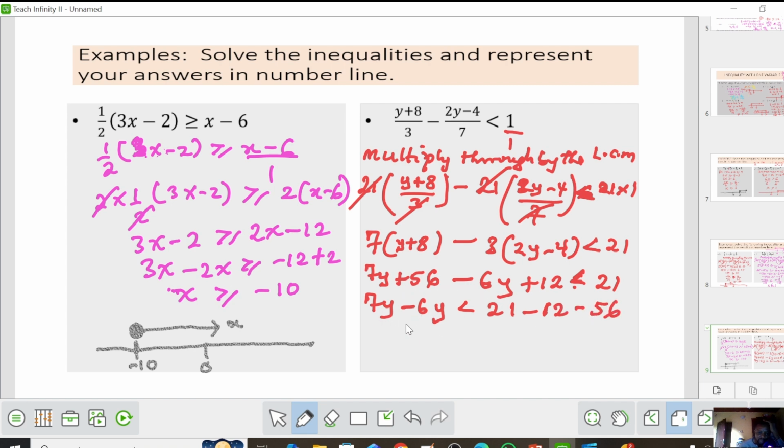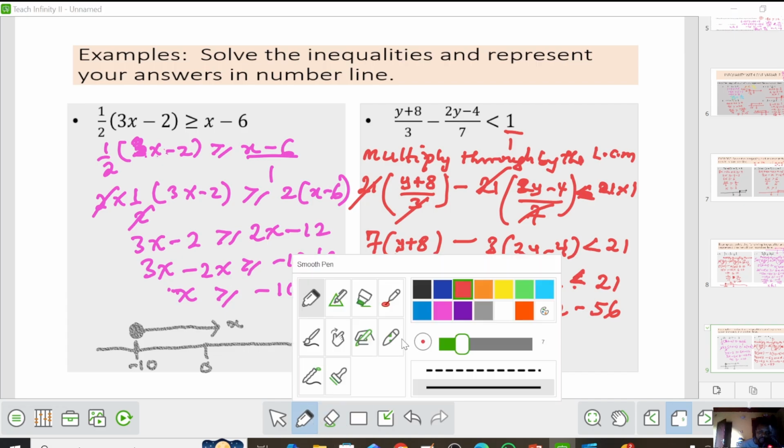So that's 7y minus 6y, which gives me 1y, that's y, less than 21 minus 12, minus 56. 21 minus 12 is 9. 9 minus 56 is minus 47.